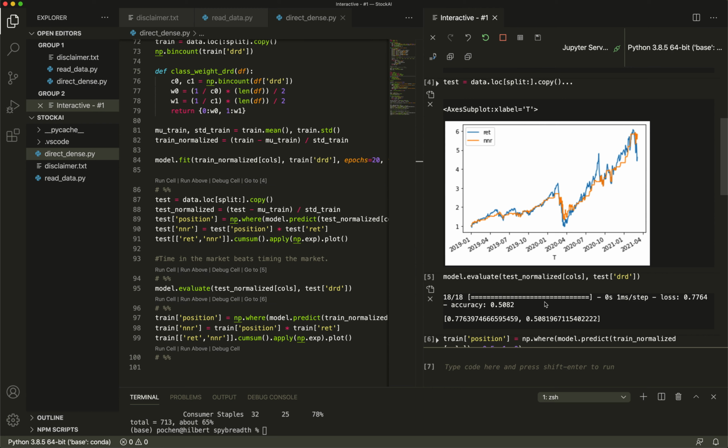The other scenario is actually the worst kind of scenario, right? Our prediction is a long position, but the next day the price actually goes down. Only in that scenario do we actually lose money. But that is just a smaller percentage of the entire possibilities.